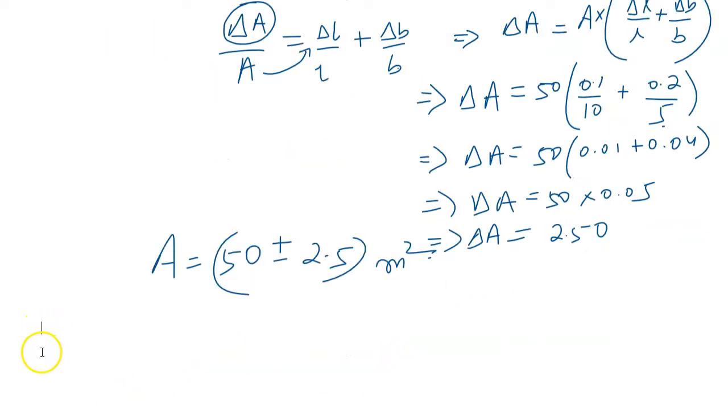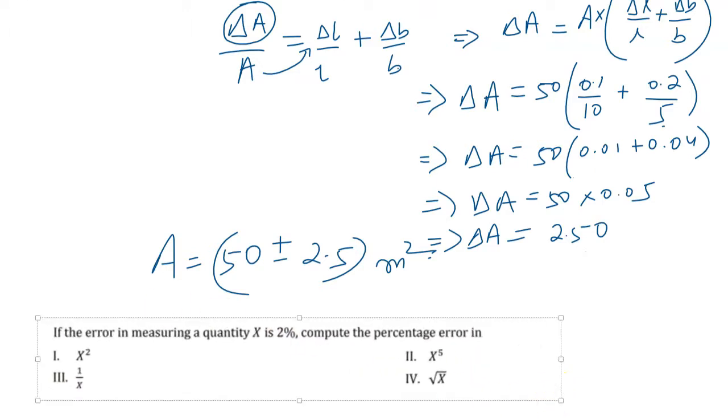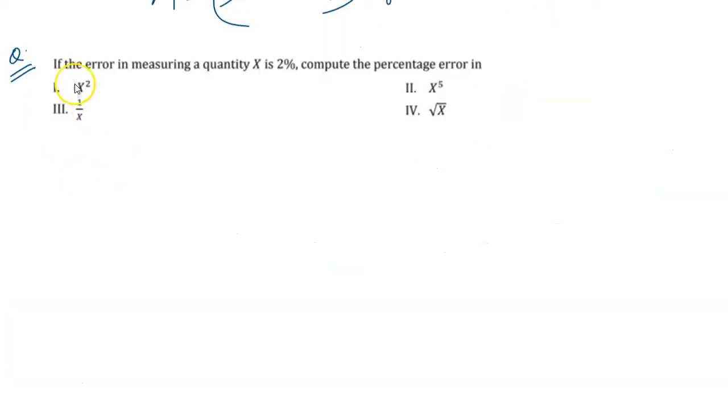So, let us do this question based on error analysis. Okay, so the question here is, if the error in measuring a quantity x is 2%, that means delta x by x is given as 2%. We have to compute the percentage error in x squared.